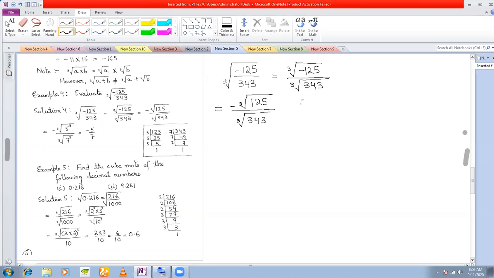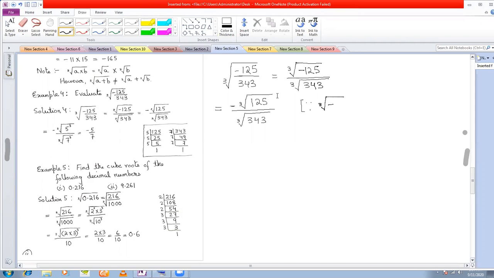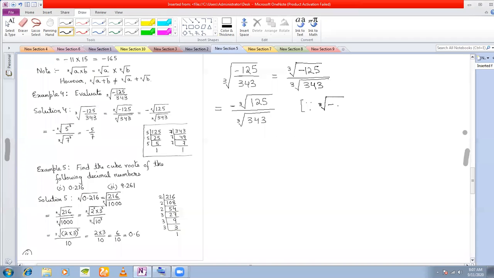This is because the cube root of a negative number is also a negative number.